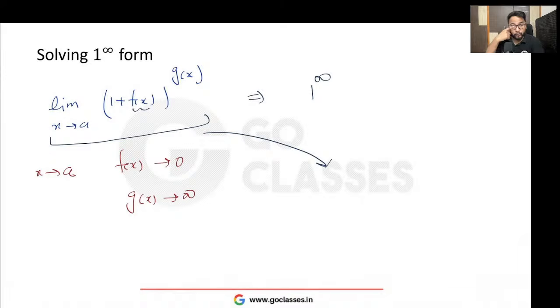Now let's see one more interesting form, which is 1 power infinity. Suppose there is some function f(x) which is tending to 1, and there is some function g(x) which is tending to infinity.